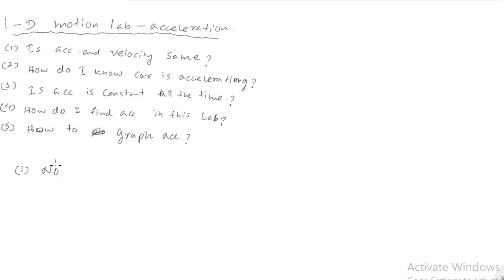The idea of acceleration is, if you have an acceleration, that tells you this velocity is changing, it's not a constant velocity. Acceleration is the change in velocity over time.